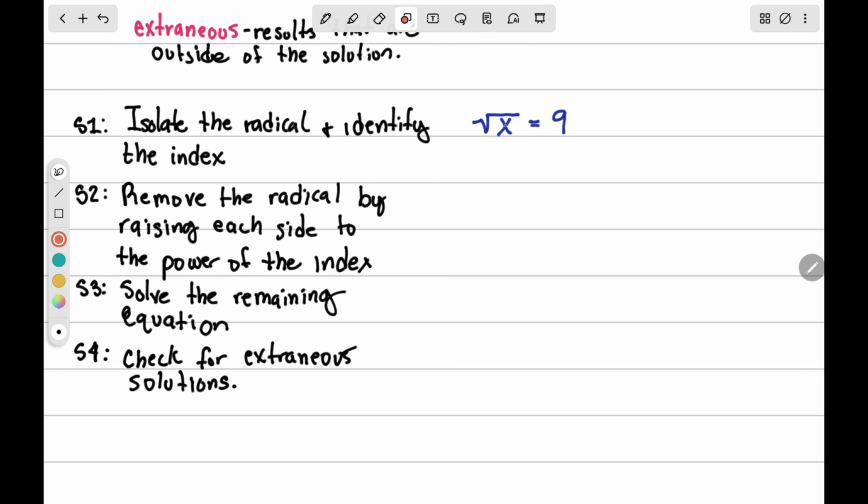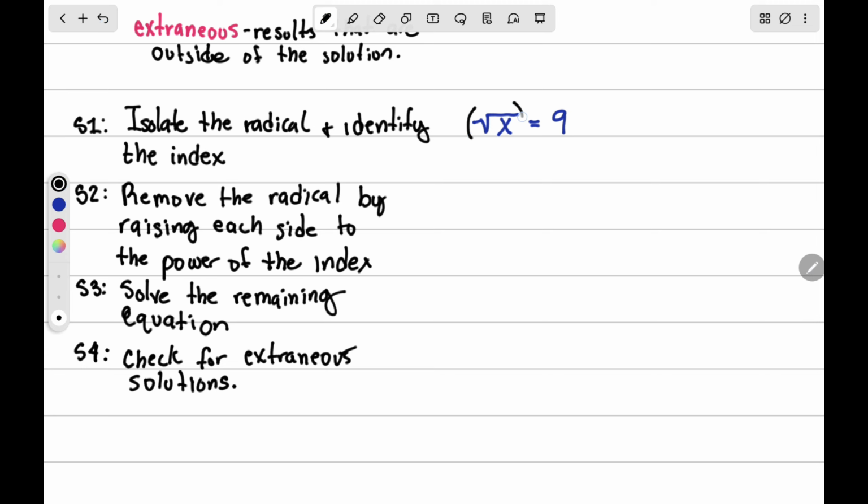Now, what's the index of that radical we have over here by itself? It's blank, so it's a 2, right? So we need to remove the radical by raising each side to the power of the index.